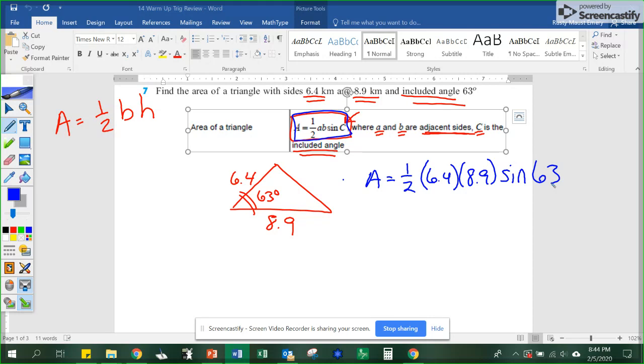So this formula is always using the sine function to calculate. So at this point, you just type in your calculator 1/2 times 6.4 times 8.9 times sine of 63. And again, rounding to 3 sig figs, we end up with 25.4. And that would be kilometers squared. We're talking about area.